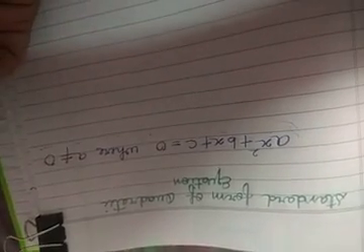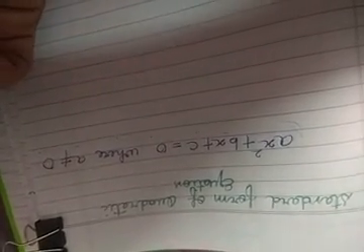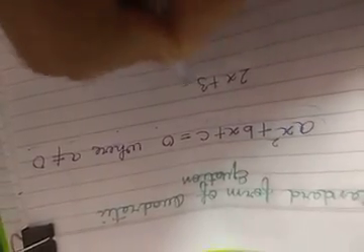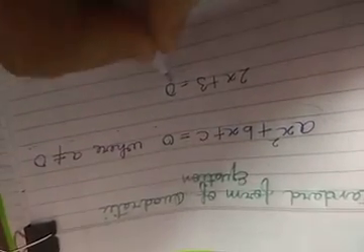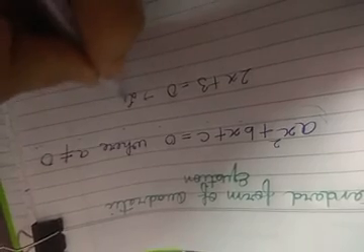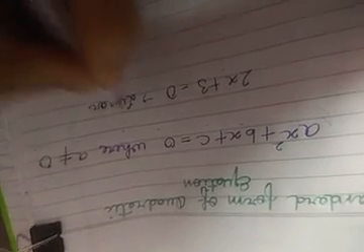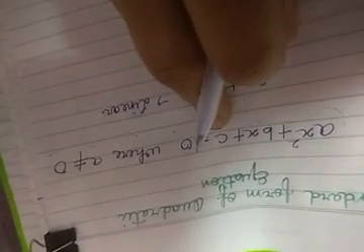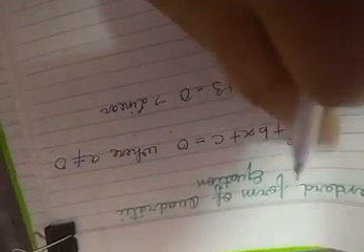It will be a linear equation. Suppose I take only 2x plus 3 is equal to 0, then it is not a quadratic equation. It will be linear. The term of x or the constant term may vanish, but the term of x square should not vanish for it to be a quadratic equation.